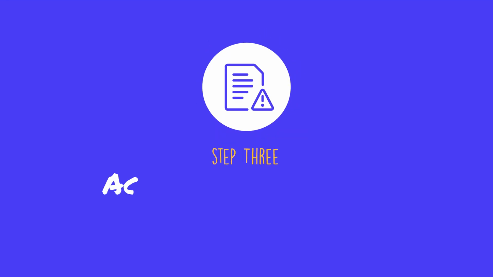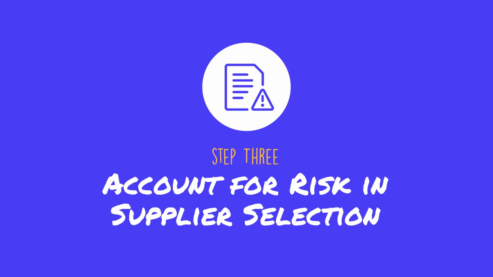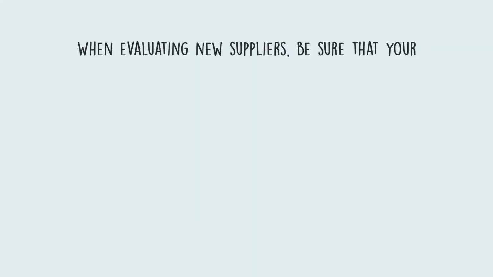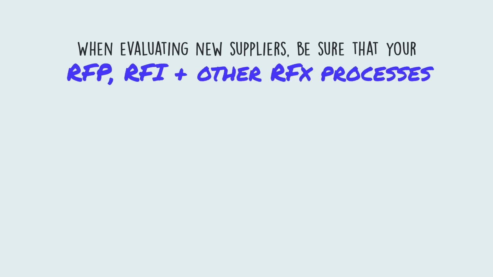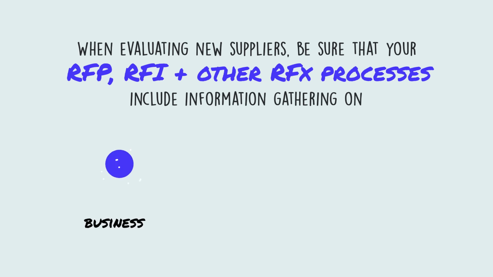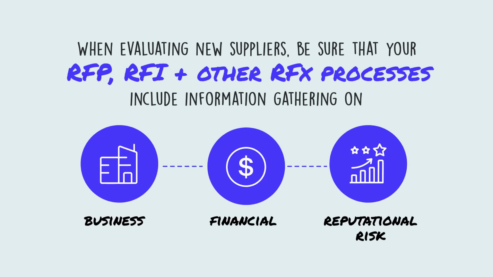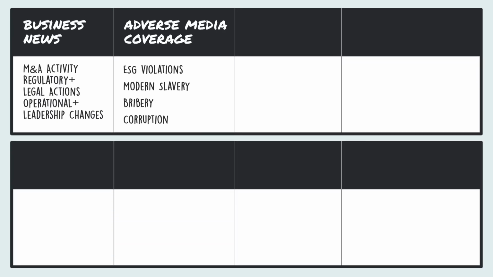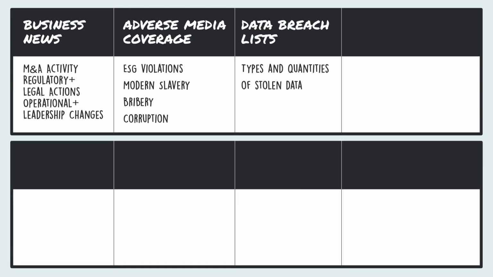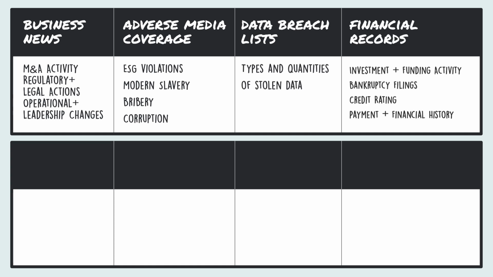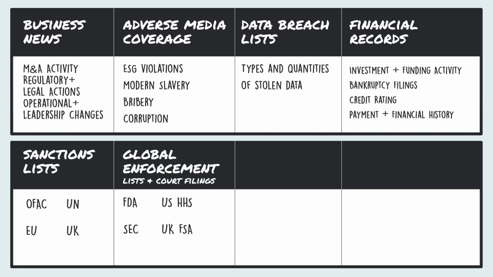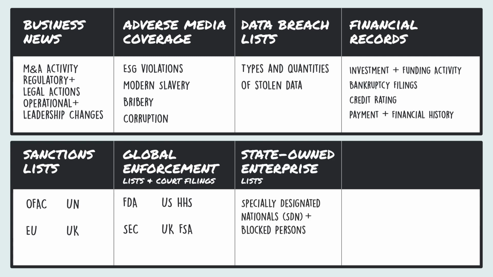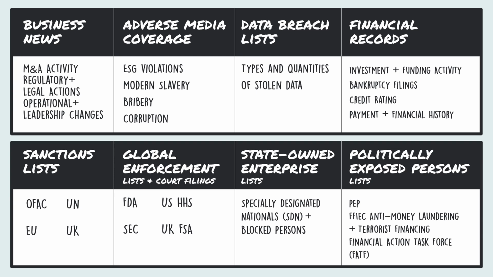Step 3. Account for risk in supplier selection processes. When evaluating new suppliers, be sure that your RFP, RFI, and other RFX processes include information gathering on business, financial, and reputational risk from various sources, including business news, adverse media coverage, data breach lists, financial records, sanctions lists, global enforcement lists and court filings, state-owned enterprise lists, and politically exposed persons lists.